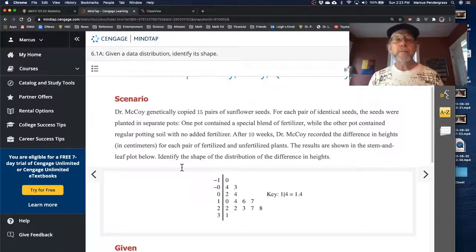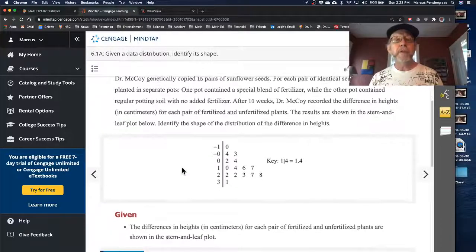One pot contained a special blend of fertilizer, while the other pot contained potting soil with no added fertilizer. After 10 weeks, Dr. McCoy recorded the difference in heights in centimeters for each pair of fertilized and unfertilized plants.